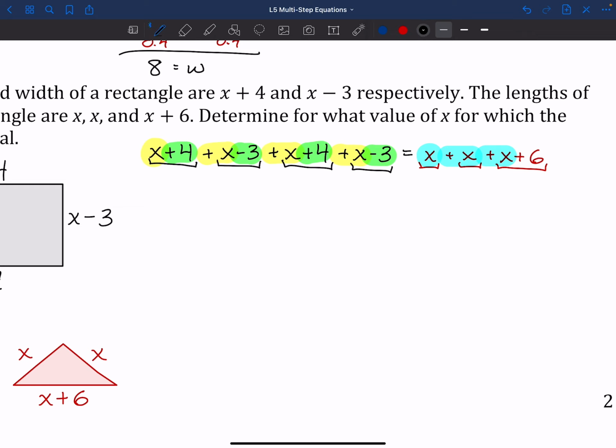Let's start with the x's in the yellow over on the left side. If I just count them up, x plus x plus x plus x means that I have 4 of those, so I'm going to have 4x from the stuff in the yellow. From the stuff in the green, there are a couple different ways you could do it. I sometimes like to do it in my head: I'm starting with 4 over here, then subtracting 3, which brings me down to 1, then adding 4 to bring me up to 5, and subtracting 3 to bring me down to 2.